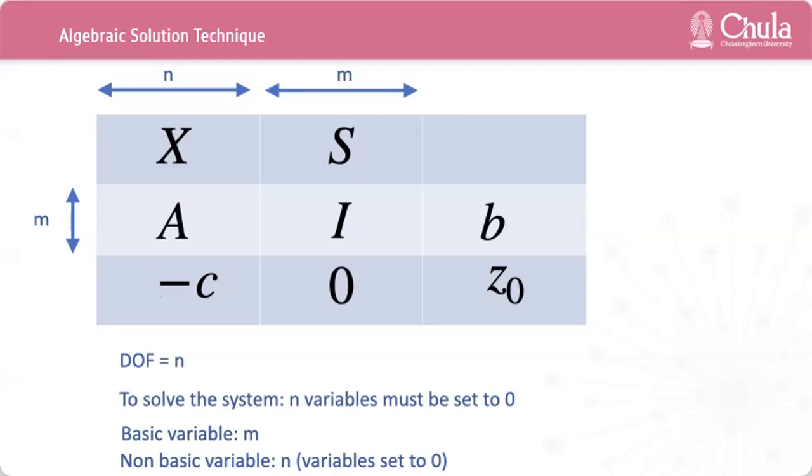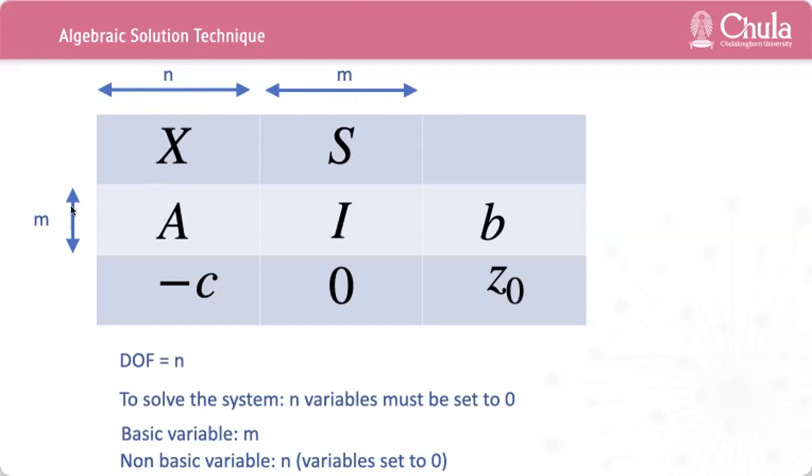Okay, and you see that we have m conditions depending on the A matrix, right? And now we have n variables and m slack variables. So you see that in total we have n plus m variables. In order to solve this system of equations, we need the degrees of freedom to be 0.